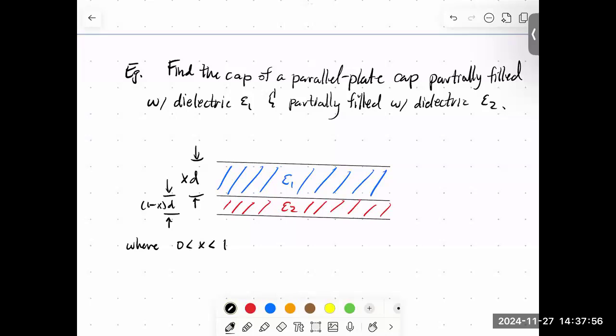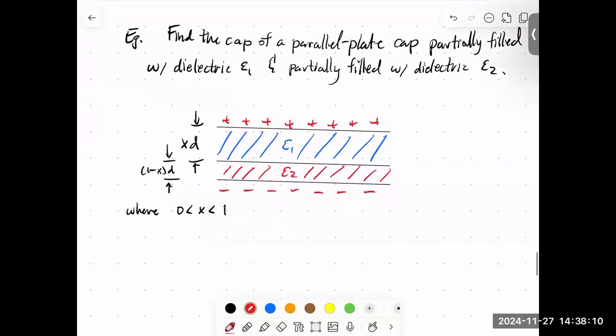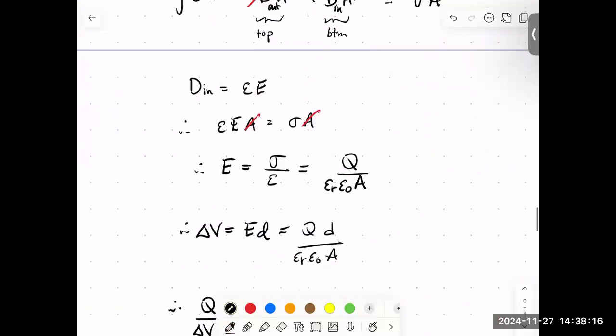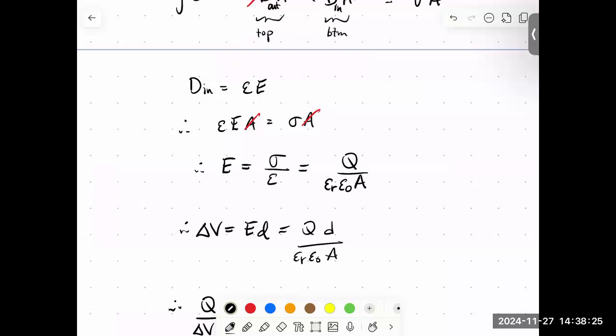Okay, we'll put some, say, positive charge on the top plate, and we'll put some negative charge on the bottom plate. Well, from the problem that we just did, we found that the electric field in the dielectric is sigma divided by whatever that dielectric constant is.